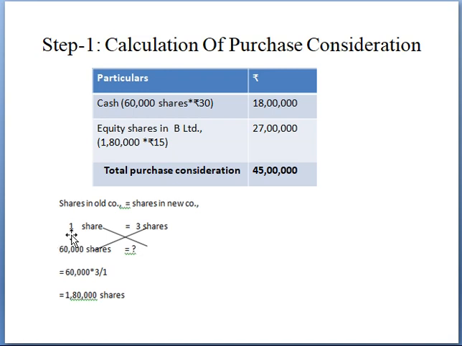And for 60,000 shares, you have to calculate. Do the cross multiplication. 60,000 shares into 3 divided by 1. You will get 1,80,000 shares. Now calculate the amount. The market value only always is to be considered. 1,80,000 shares into rupees 15, you will get 27 lakhs. So add these two, your total purchase consideration is 45 lakhs.